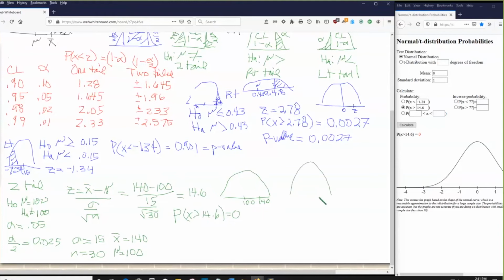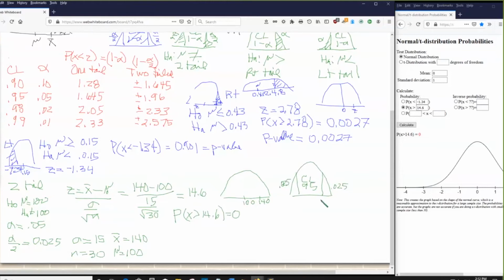So we got 140 as our sample, and we're going to compare that to the standard normal distribution with a confidence level. If I have a confidence level of 95%, that's going to give me my 0.025 on either side.